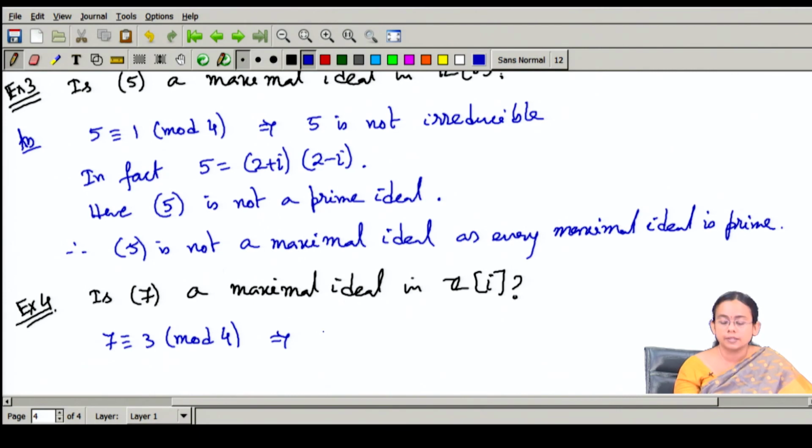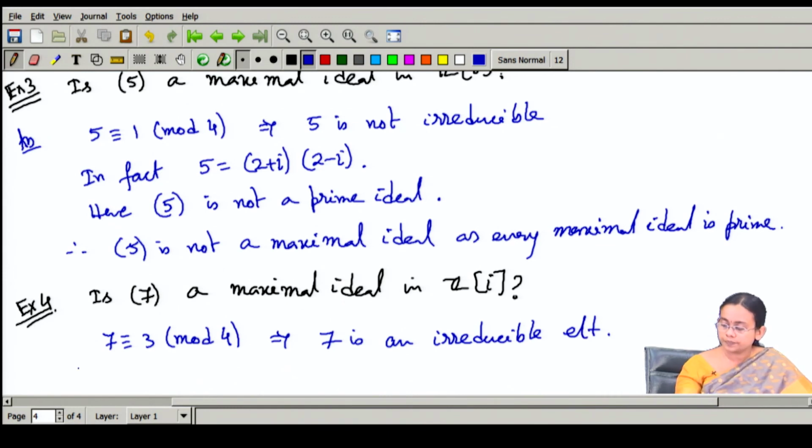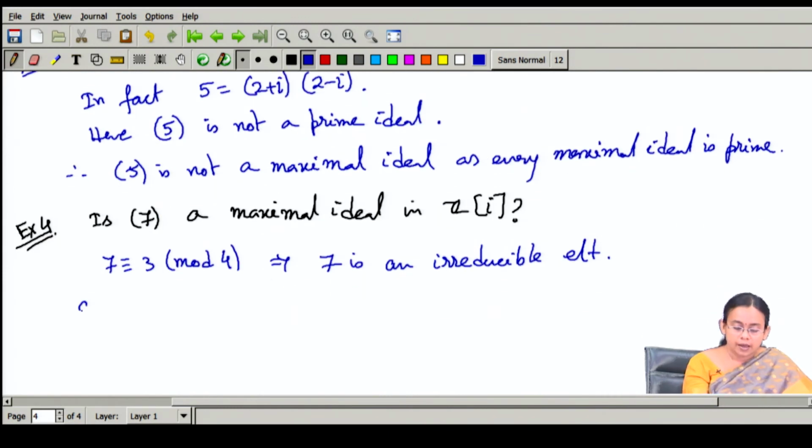We have already seen that if a prime is congruent to 3 mod 4, then it is an irreducible element. Therefore, 7 is an irreducible element, and hence the ideal generated by 7 is a prime ideal.